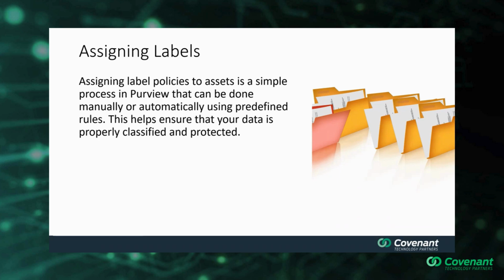So it's key to understand at this point, we're back to the licensing question: auto labeling is a functionality that's provided by the Microsoft E5 license and/or the E5 compliance add-on. Without that, you still have the option to manually apply labels, but that can be a time-consuming task. So the benefits of automatic labeling are quite significant if your environment has a tremendous amount of data.